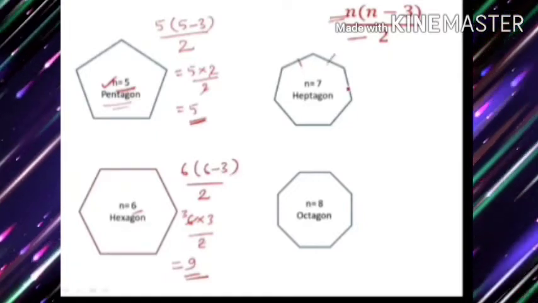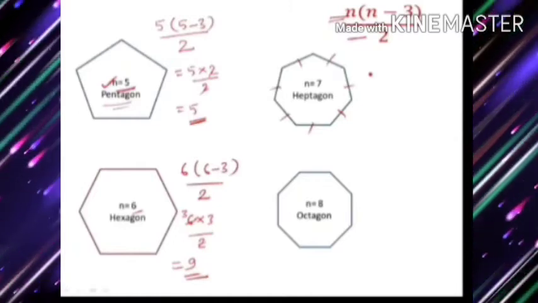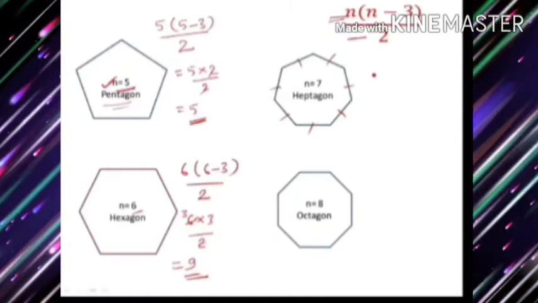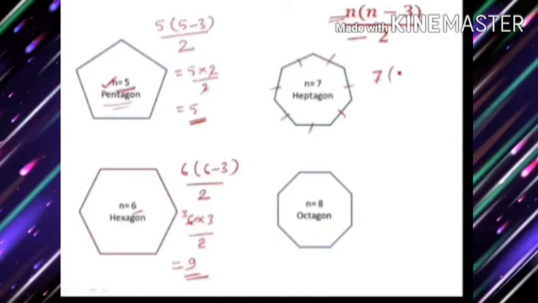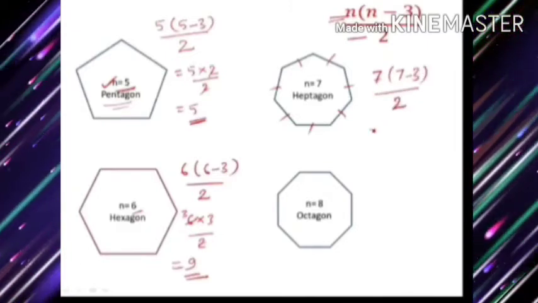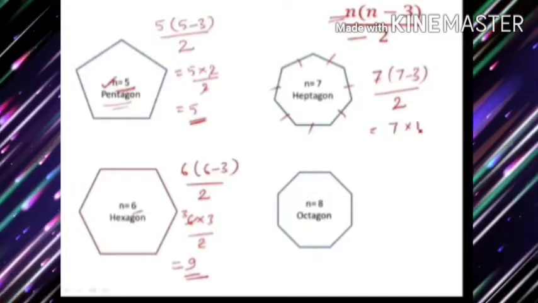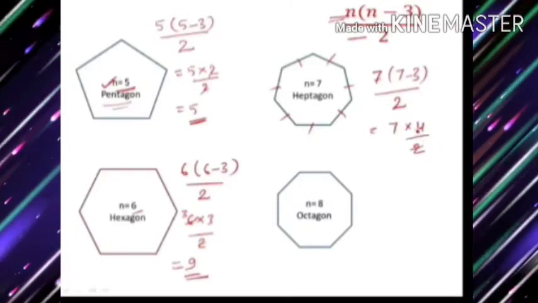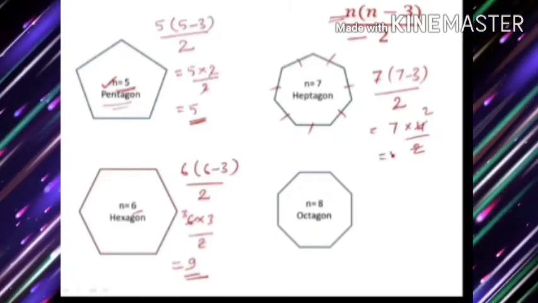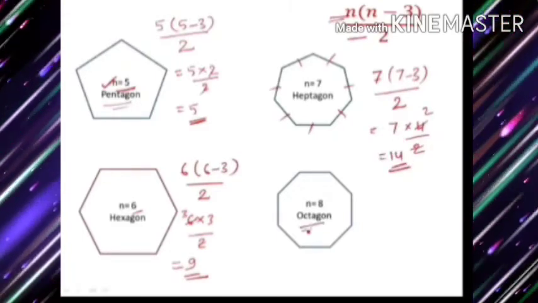Next is heptagon, a figure having 7 sides. Now n is equal to 7. So 7 into 7 minus 3 upon 2 will become 7 into 4 by 2. That is equal to 7 2s are 14. This is our answer.